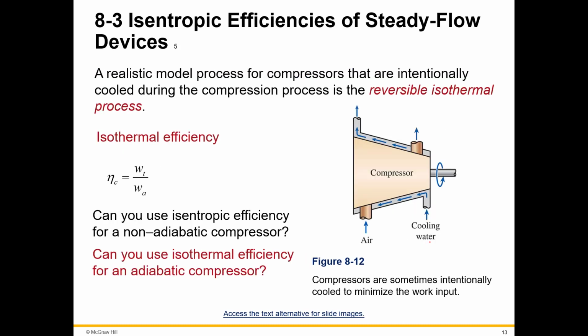A realistic model process for compressors that are intentionally cooled during the compression process is the reversible isothermal process. And we have that efficiency formula right there. Okay. Not going to go into that too much because we will actually answer those. Compressors are sometimes intentionally cooled to minimize the work input.